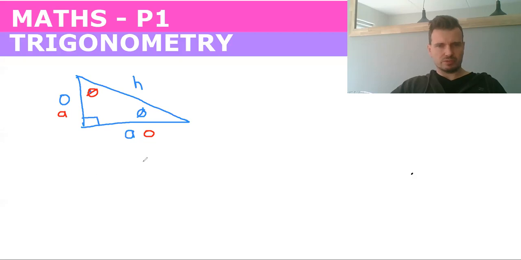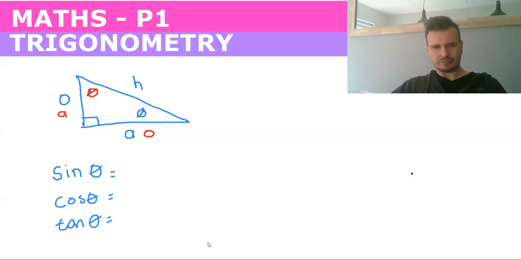So the first thing we learned was that rhyme, SOH CAH TOA, or our teacher used to say, some old hippie caught another hippie tripping on acid. Sine theta, cos theta, and tan theta. So I think you did this probably in grade 10, maybe even 9. So we won't go too far through it, but let's do opposite.